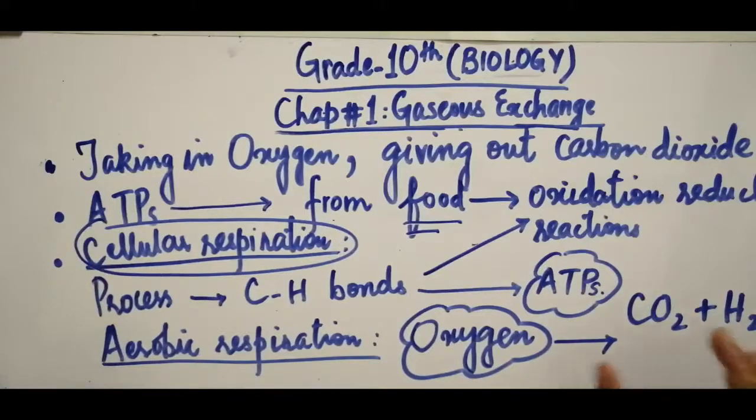So under this whole sequence, we are now defining cellular respiration. I'm repeating once again that the respiration process takes place in a special kind of organelle called mitochondria. The singular is mitochondrion, while the plural is mitochondria, and you are very familiar with it because you did it in your previous class, grade 9.